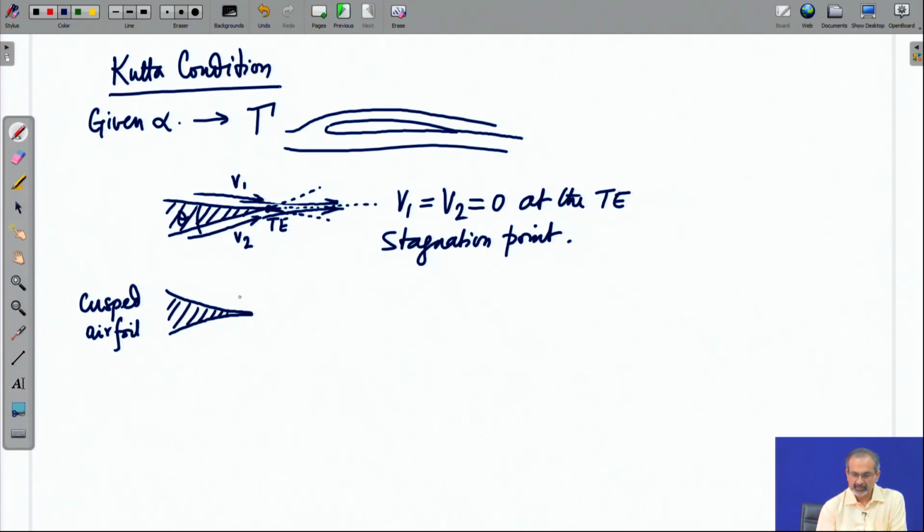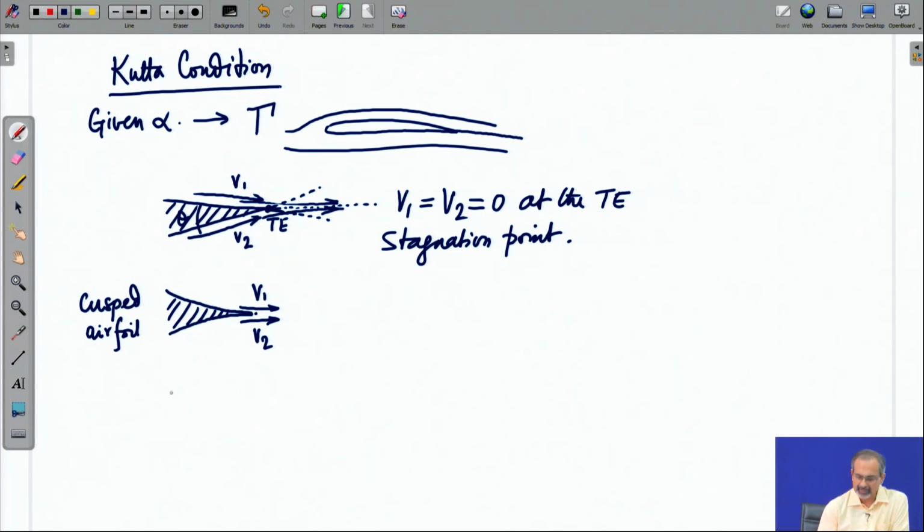This is where the theta is approaching 0, or the theta of the upper and lower surfaces are approaching each other. That means the inclinations of the two surfaces are approaching each other. In that case, the velocity directions are identical, but then again, if they have different magnitudes, you will have a pressure jump across these two streams.